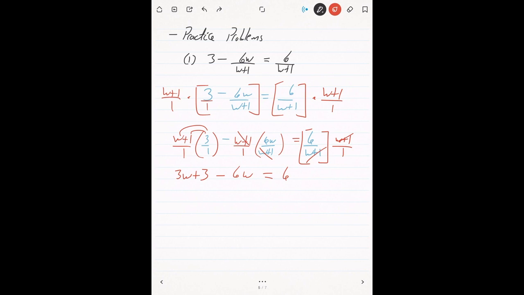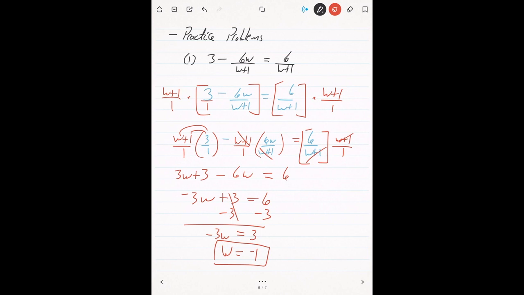We combine the like terms of 3w and negative 6w to get negative 3w plus 3 equaling 6. If I subtract 3 from both sides, I get negative 3w equals 3, so w equals negative 1. Again, we get the same solution as before.